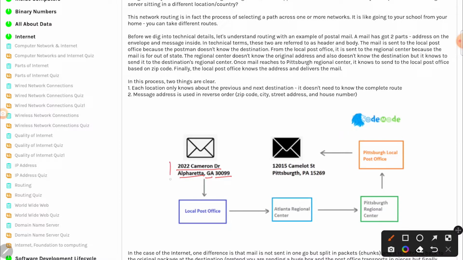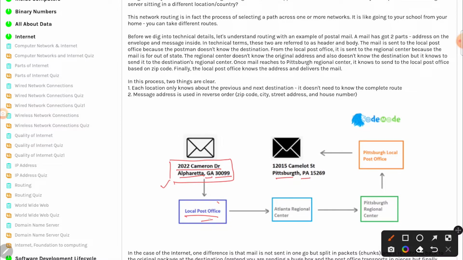A person living in this house sends a mail, and it is picked up by the local post office. The local post office only knows this address because it is in its jurisdiction, and it also knows that the receiving side is Pittsburgh, Pennsylvania, which is in a different state.